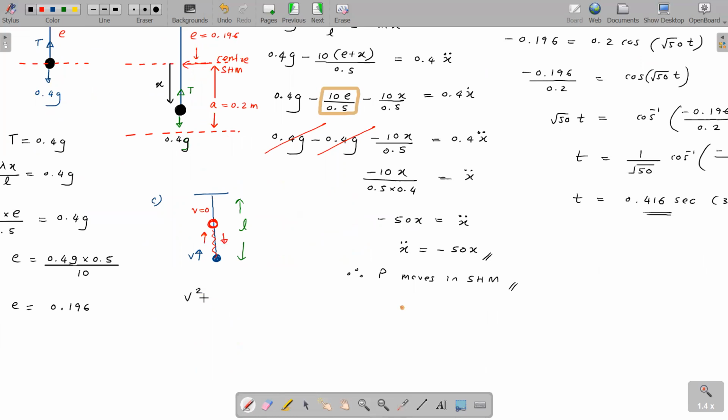Okay, so let's use that. So we'll apply V square equal omega square a square minus x square. I want to find the velocity. Omega square is 50, right? Amplitude was 0.2. We have already marked it. Minus x is 0.196 square. Guys, let's type it in the calculator, get the answer. So let's find the speed with which this particle reaches the natural length.